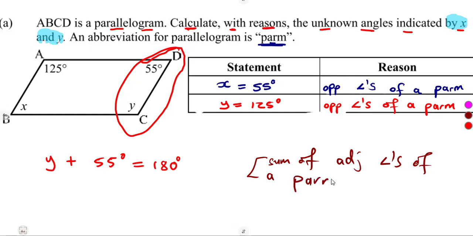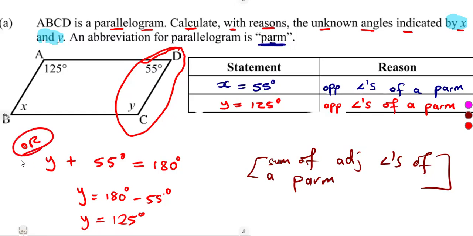This is a property that we talked about. They add up to 180 degrees. So to find Y, we can take 55 to the other side. So it's going to be 180 minus 55. And that was going to give us 125 degrees, the same answer. So this is another way that we could have answered this question.